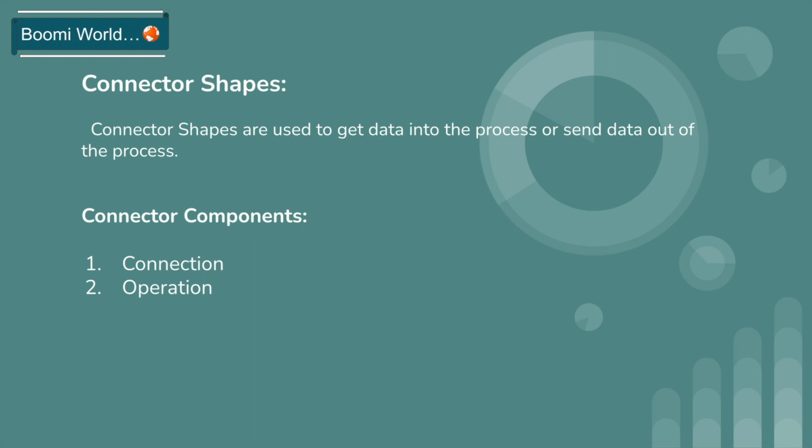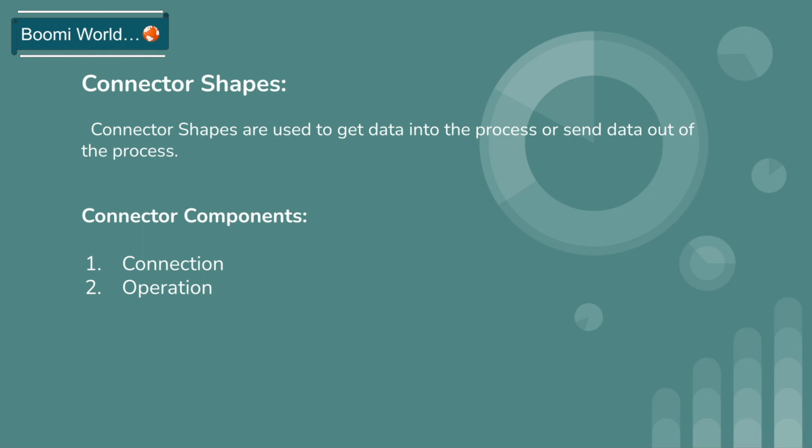Whenever you want to connect with any third party application or any local repositories, you need to build one connection, the physical connectivity between the Boomi platform and that third party application or browser based application or local repositories. Okay, so at that time only will Boomi connect to that application and then get data or send data.